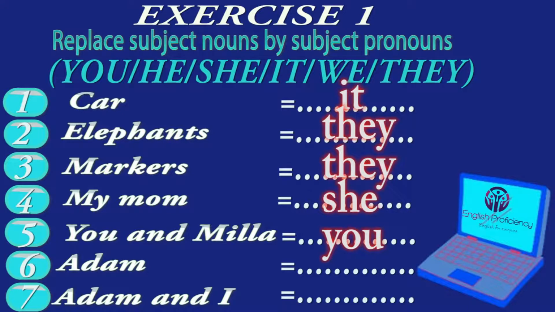Adam is absent, singular and male. Masculine. So the pronoun is he. Adam and I is the speaker, plural. It is we. We is the plural of I.